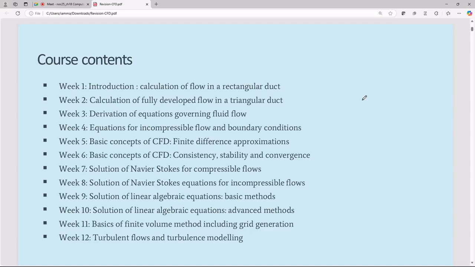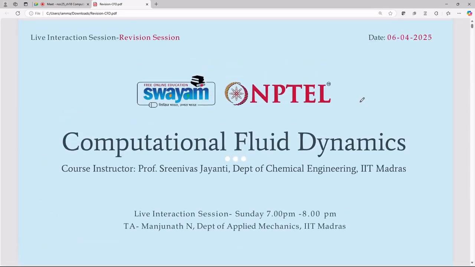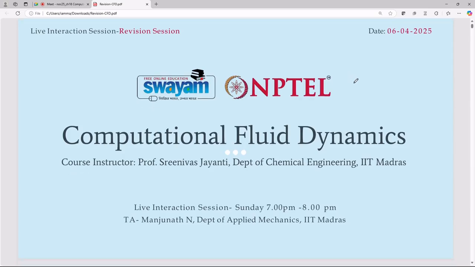In this session we will go through some of the key or important aspects of the course, to revise what is important from the exam point of view. We will be revisiting some of the important questions and concepts which will be useful when you attend the exams, and also to understand the core fundamentals of our course, computational fluid dynamics.